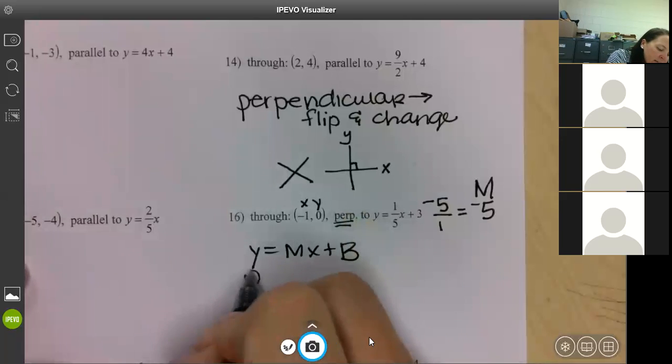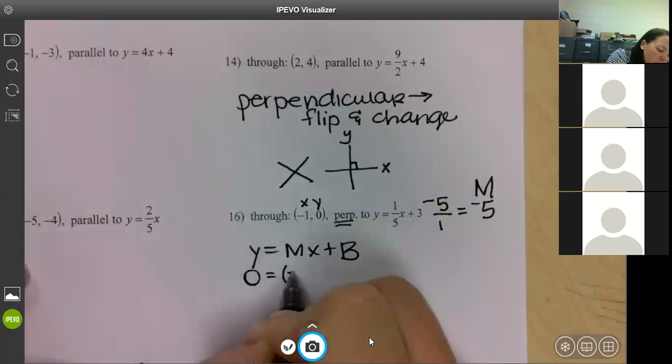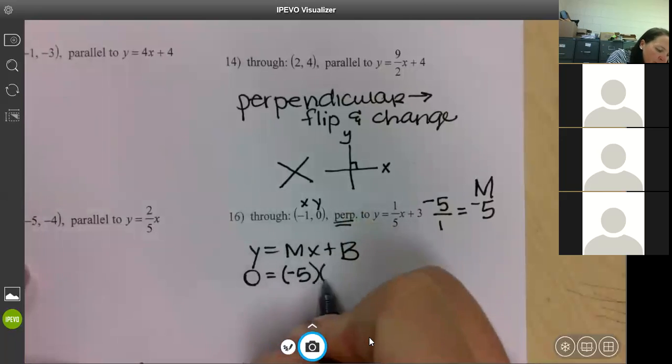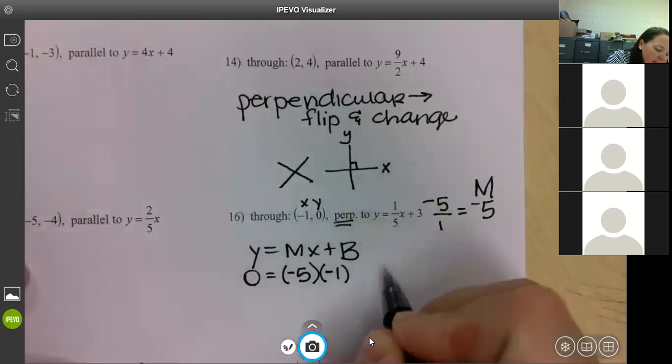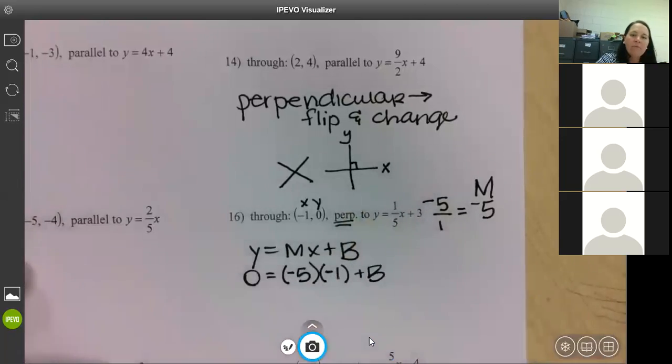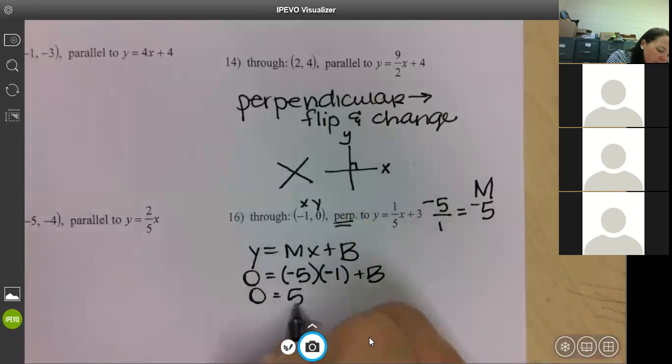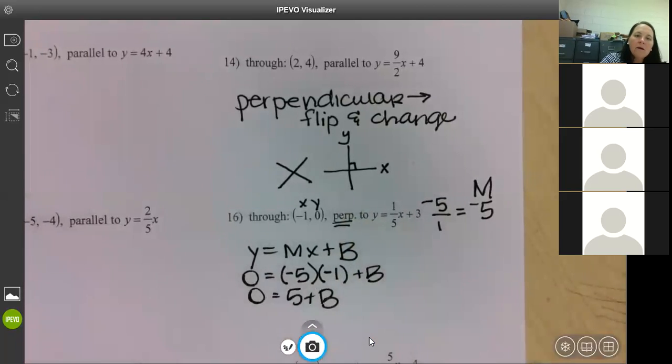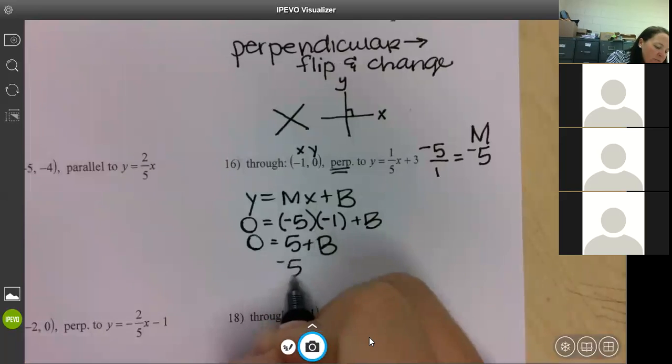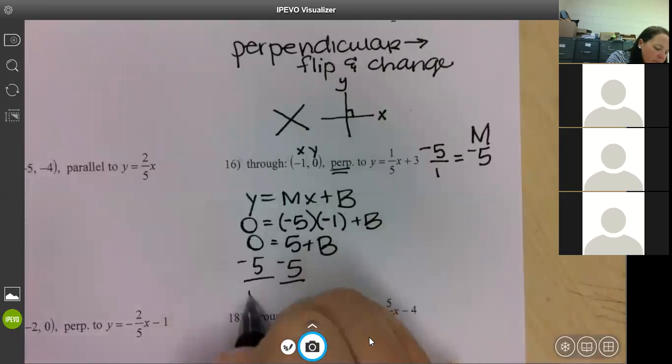Your y coordinate is 0. The slope you made was -5. Your x coordinate is -1, and then plus b. -5 times -1 is +5. And then to solve, we subtract 5. So we've been doing this the whole time today.